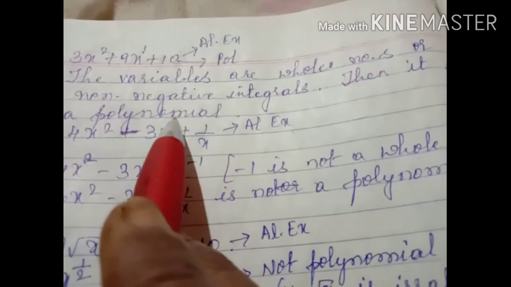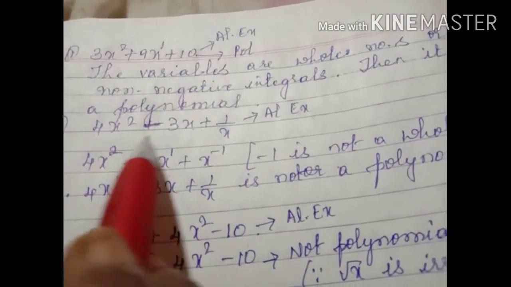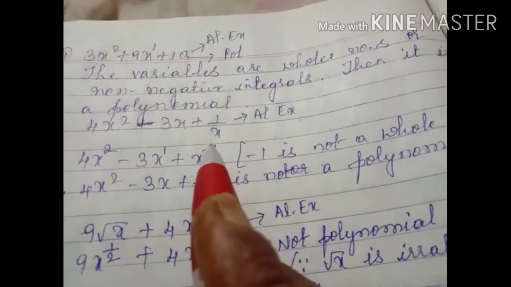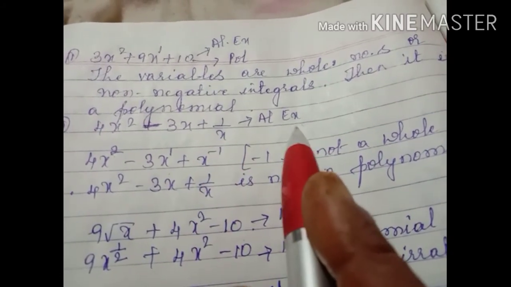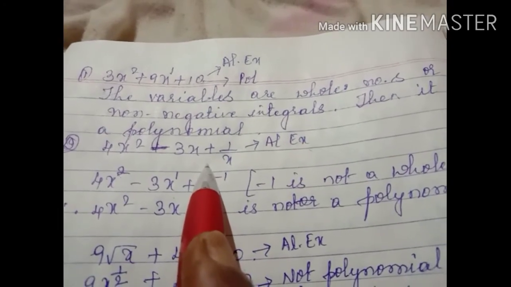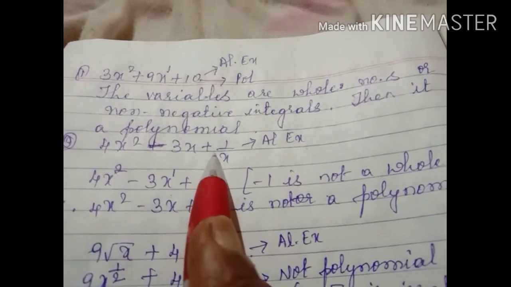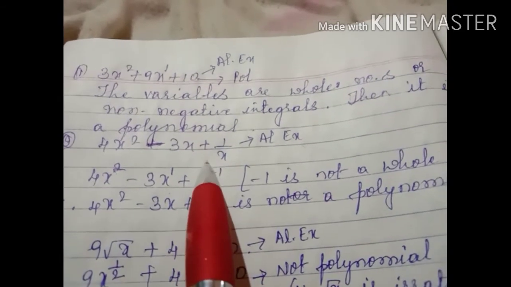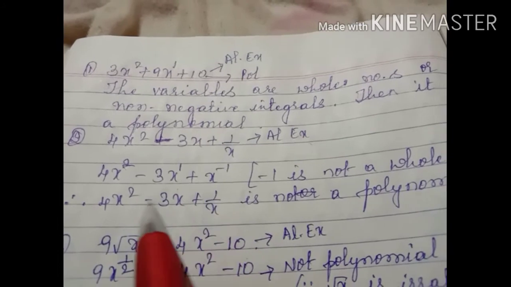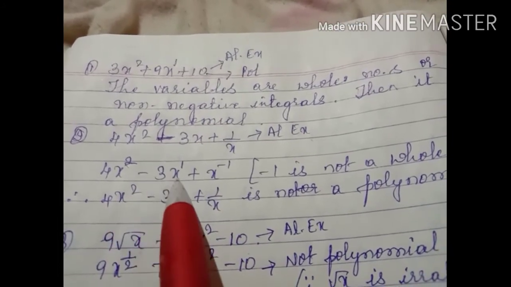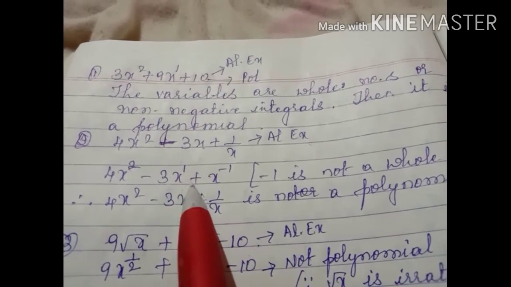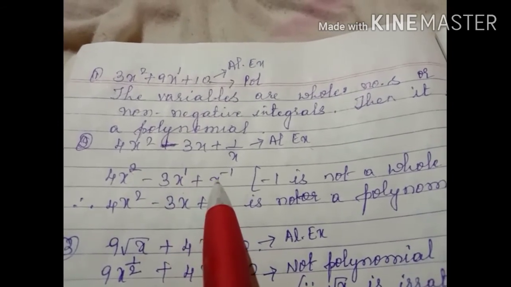Understood. Now the next example, 4x square minus 3x plus 1 by x. You can observe here it is an algebraic expression, but it is not a polynomial. How is it not a polynomial? Here 1 by x is x to the power minus 1.